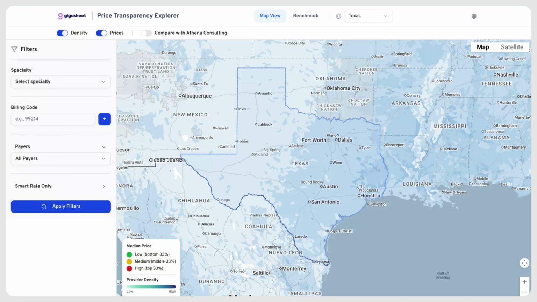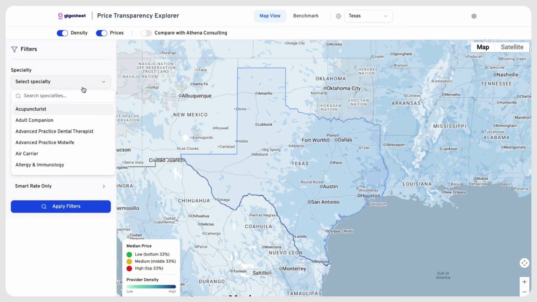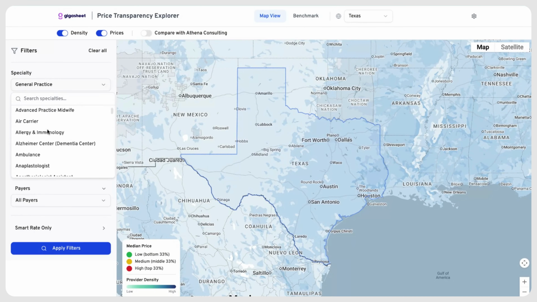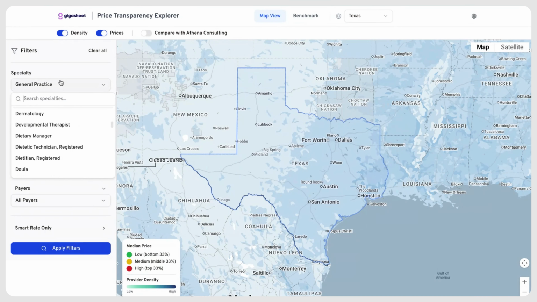But just to start, this is an introduction to Price Transparency Explorer. Obviously, there's the map here, and I've highlighted Texas. We're going to start with a very basic exploration. Here we'll choose a specialty. I've chosen general practice, but as you see here, there's a list of all the taxonomy codes that are available in this data set.